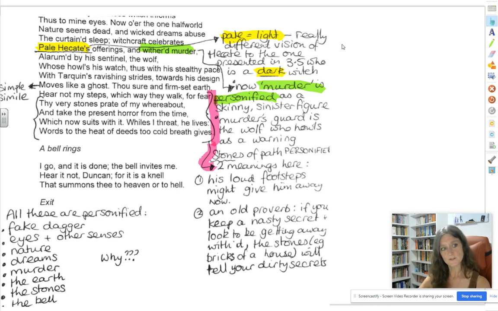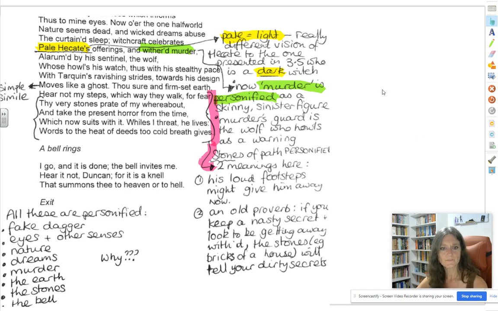She's referred to at other parts of the play as Black Hecate, because she's associated with the darkness. But pale Hecate here is almost thinking of her more as the goddess Hecate rather than the kind of grimy, evil queen of the witches. So a really different image of Hecate just here.